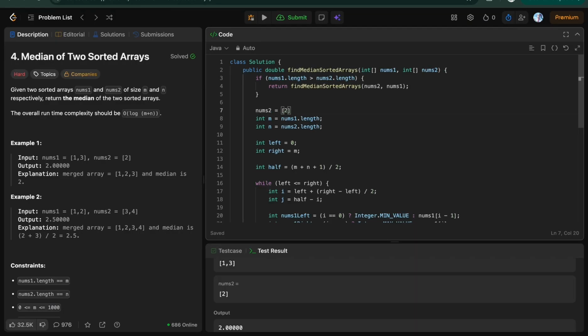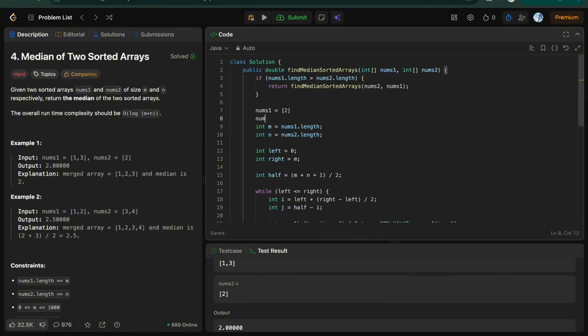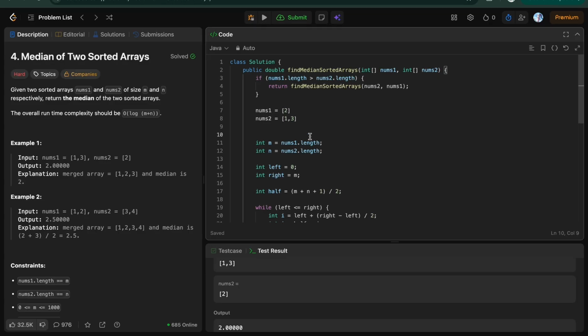It'll look something like this. We basically switch these two arrays. So now we have integers m and n, where m will be 1 and n will be 2. Then we do the calculation for the half, which is 1 plus 2 plus 1 divided by 2, and that gives us 2, right?